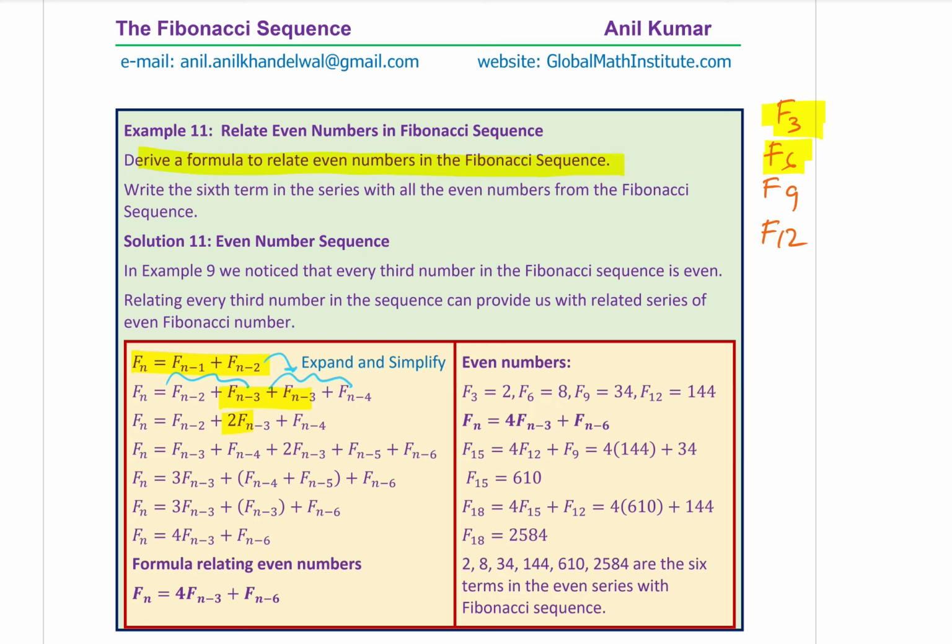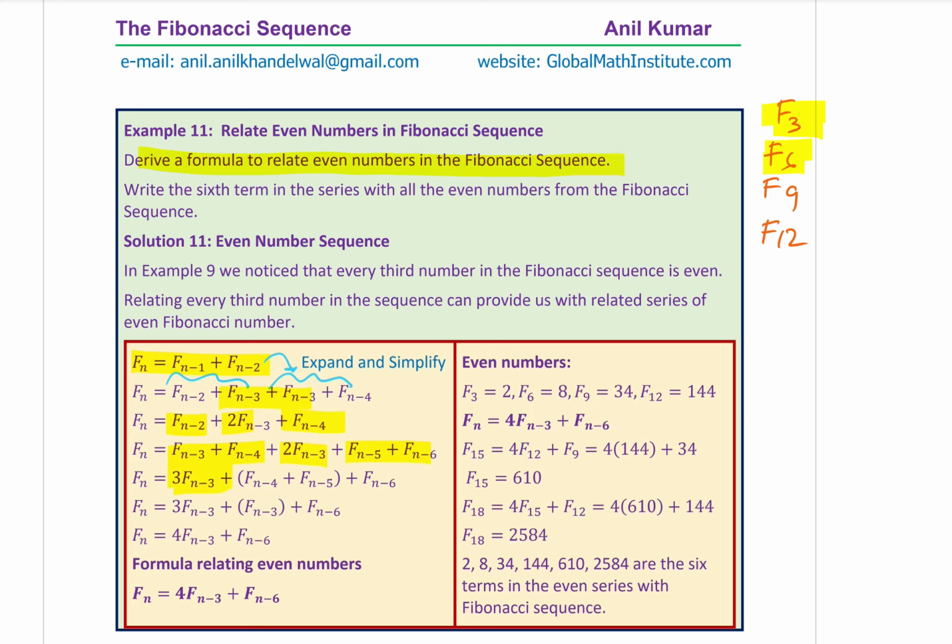Now move further, expanding, because we need Fn minus 3 but we don't need the others. So what we are going to do here is write Fn minus 2 as the sum of Fn minus 3 and Fn minus 4, right? So we did that and we already have 2 Fn minus 3. Fn minus 4 is also written as the sum of Fn minus 5 and Fn minus 6. Now from here, we can combine the Fn minus 3.